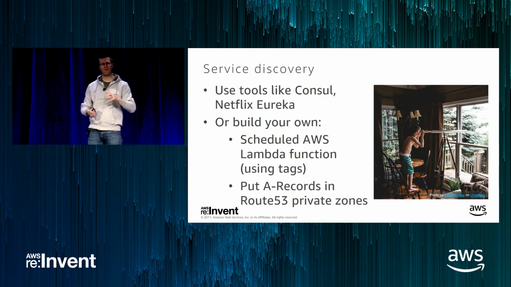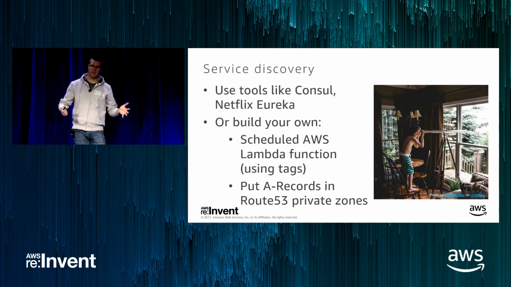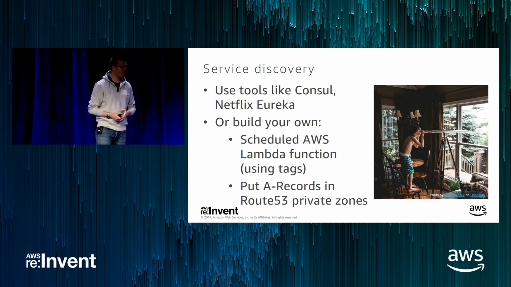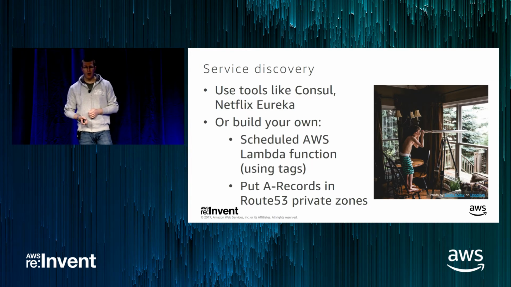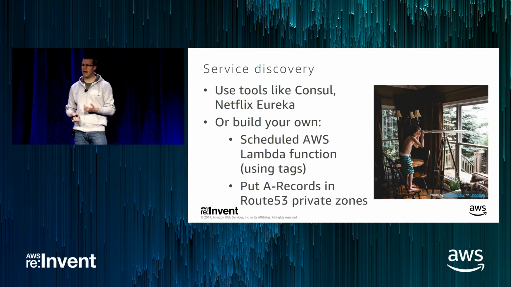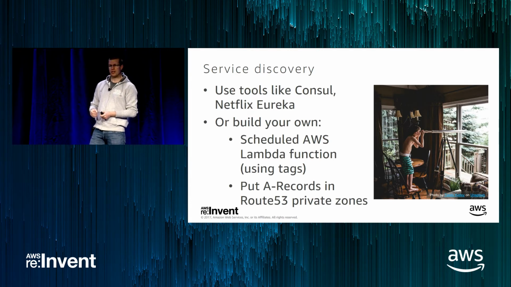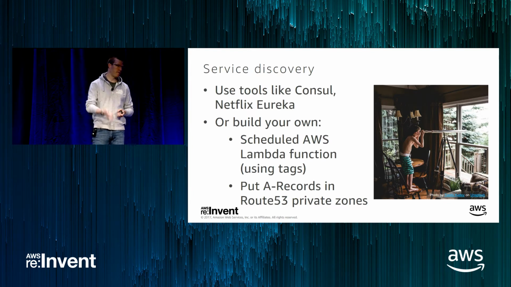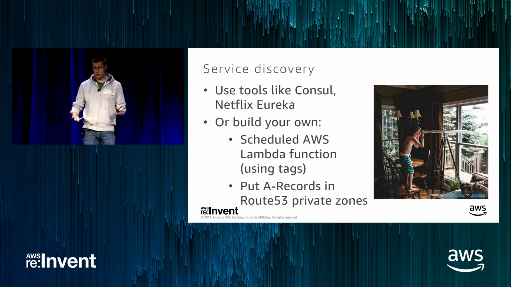So you need to have some kind of service around that tells your microservices who they actually should ask. You can use tools like Consul or Netflix Eureka, which are great, or you can just build your own. That's what we did. So we have a scheduled AWS Lambda function, which is just using EC2 tags. We have a tag that is called role, and inside of this role is something like API or database or whatever service.